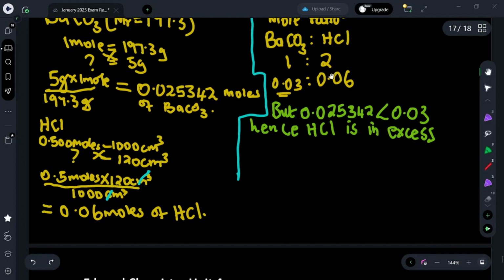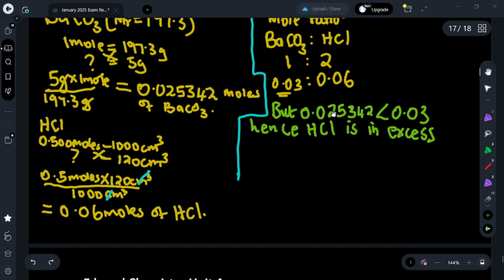Meaning the 0.06 moles of hydrochloric acid that I'm using is in excess. If I was to use it all, I would need 0.03 moles of barium carbonate, but I only have 0.025. So I need something less than 0.06.